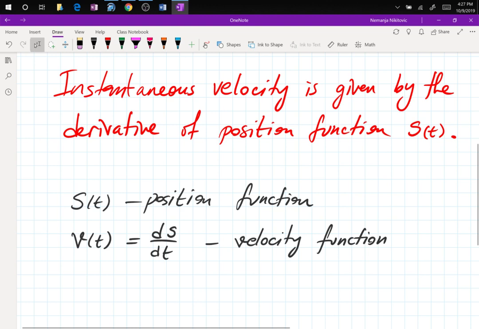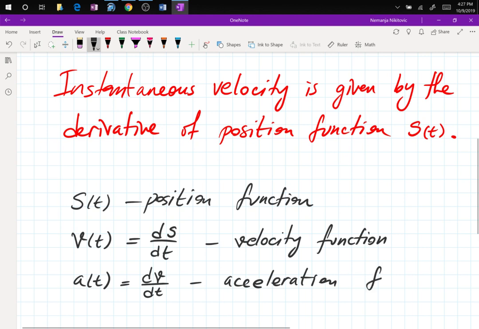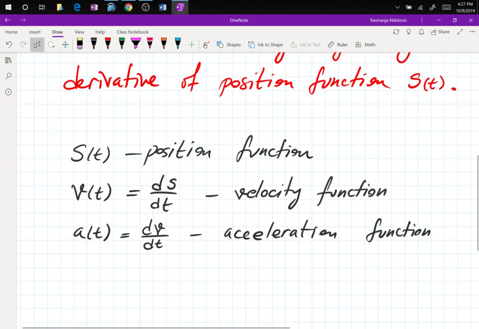Just give me at what time you want to know. And finally, acceleration, which is the derivative of velocity. And just for the hell of it, it's not in the book, jerk, the derivative of acceleration.